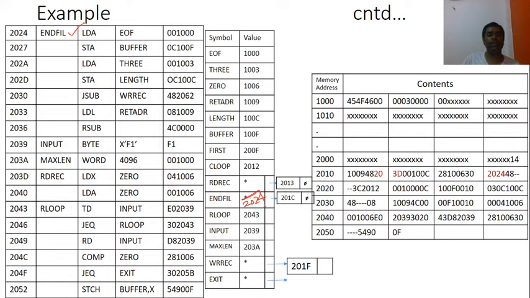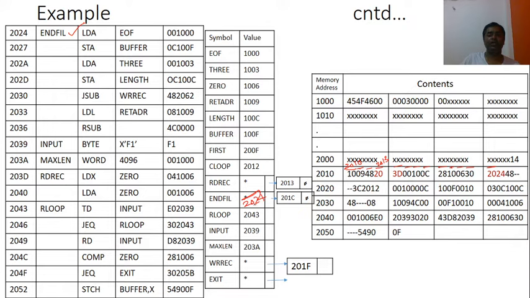Now this ENDFIL is required at address 201C. So just go into the memory at address 201C. You can see here this is 2010, 2011, 2012, 2013, 2014, 2015, 2016, 2017, 2018, 2019, 201A, 201B, and this is 201C.